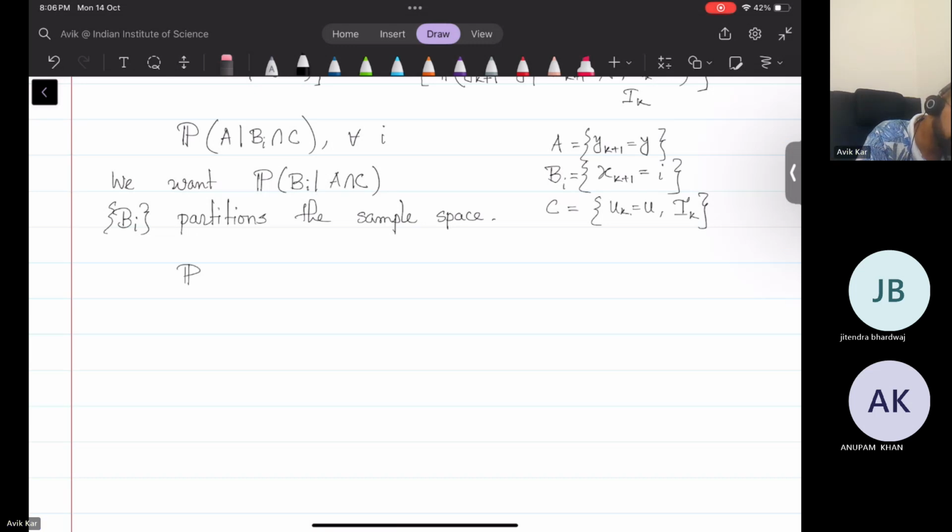So probability of A given B_i intersection C is probability of A intersection B_i intersection C divided by probability of B intersection C.